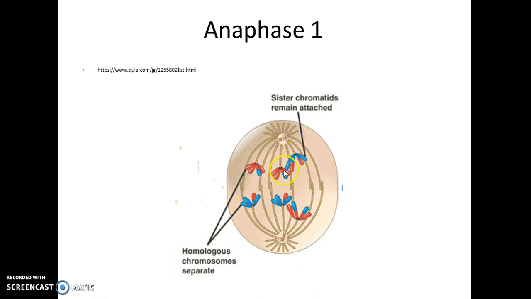So we'll have 1, 2, 1, 2. So 2 chromosomes go this way, 2 chromosomes go this way, but you had 4 chromosomes here to start with. Now each chromosome is made up of 2 chromatids, but we still have 2 chromosomes going to one side and 2 chromosomes going to the other side. Draw this picture without these 2 chromosomes there. Make sure you have it crossing over, right? Hit pause.